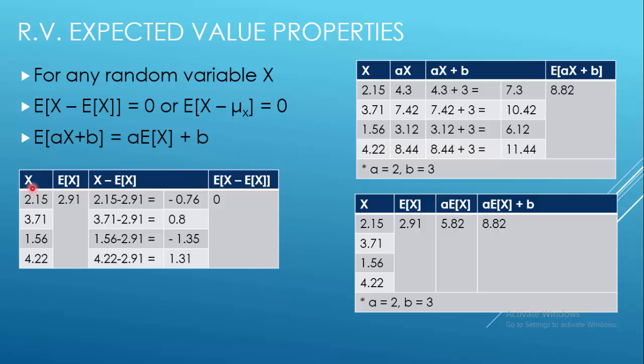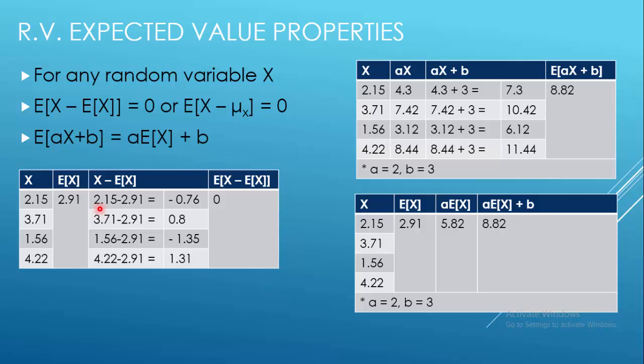For example, we take the values of x as 2.15, 3.71, 1.56 and 4.22, and simply take the average by adding all these values and dividing by 4, which is equal to 2.91.